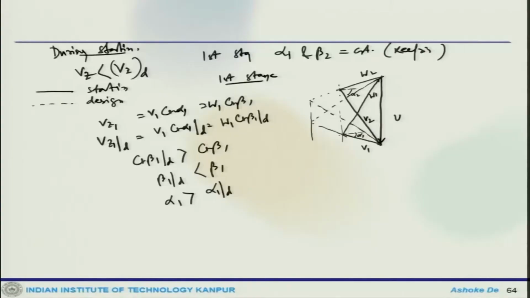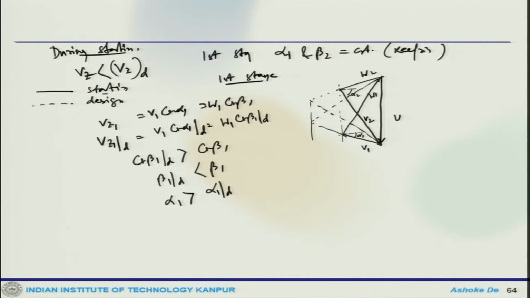So, we will continue the discussion where we stopped in the last lecture: during starting, the first stage and the last stage design condition. This is what we looked at for the first stage, and we said this dark line will represent the starting and the dotted line will represent the design condition.